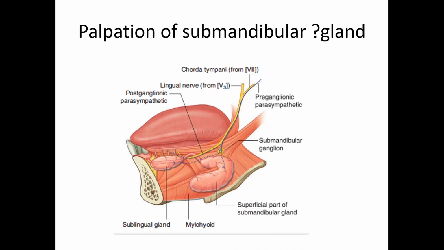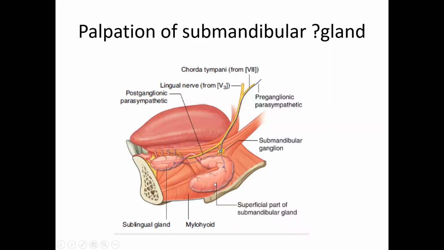And when you say lymphadenitis, it means inflammation of the lymph gland. So to be very clear, whether you are talking about the submandibular lymph node or the submandibular salivary gland, you must specify salivary gland or lymph gland.